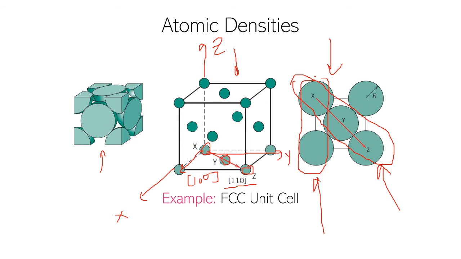This is significant. This has some significance while studying the failure of materials. So atomic packing along different directions and along different planes has to do something with the failure of the materials.